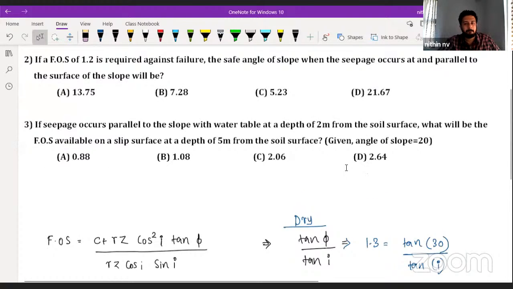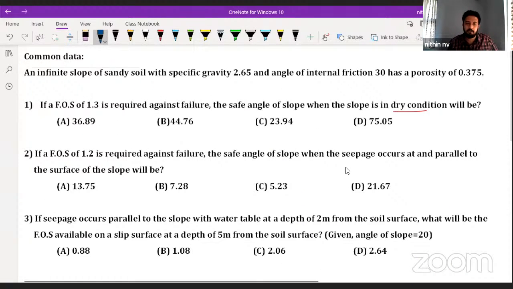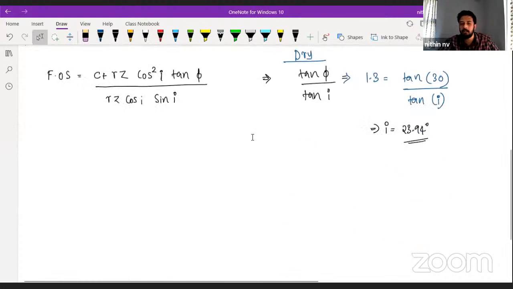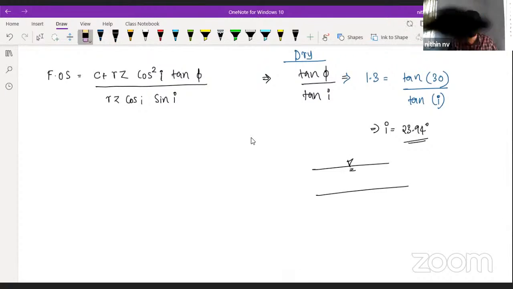Now, what is the second one? Another factor of safety is given. What will be the safe angle? If it is dry, we already calculated. Seepage occurs parallel to the surface of the slope. In the sense, if we have the slope something like this, the water table may happen or may not happen.